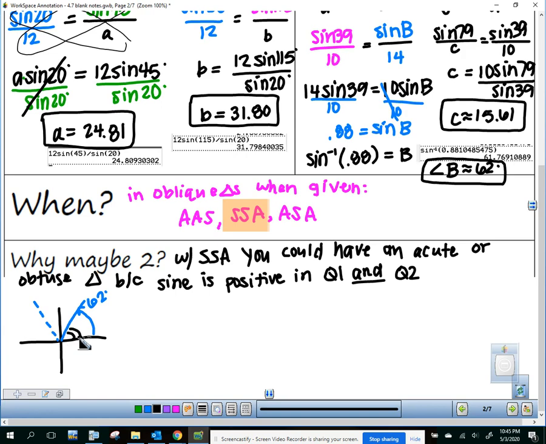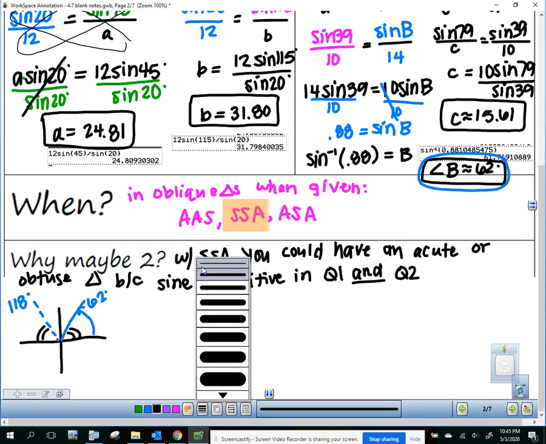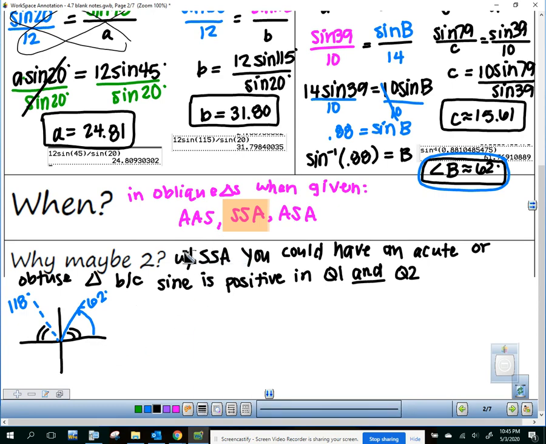If I found that matching reference angle in quadrant 2, I'm 62 degrees shy of 180. That's 118 degrees. So technically this answer I got for angle B could have also been 118 and been true. The thing is, your calculator is not going to give you the obtuse angle. Your calculator is going to give you the acute angle answer.